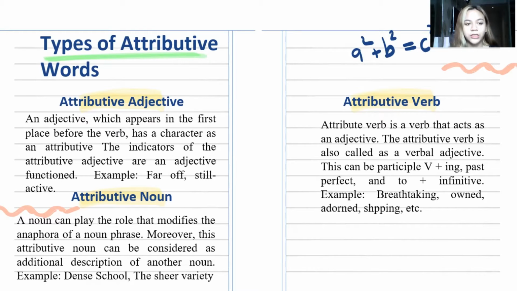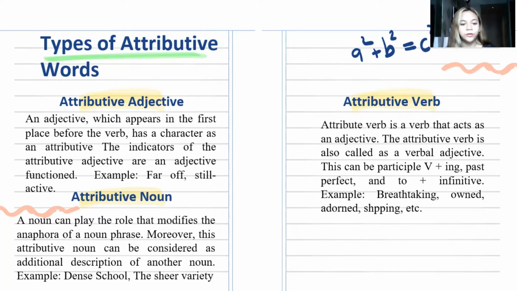First, the attributive adjective. An adjective which appears in the first place before the verb has a character as an attributive word. For example, far off, still active. Then the second is the attributive noun. A noun can play the role that modifies the anaphora of a noun phrase.